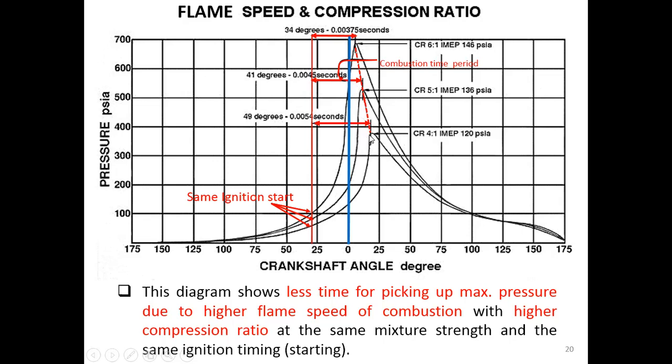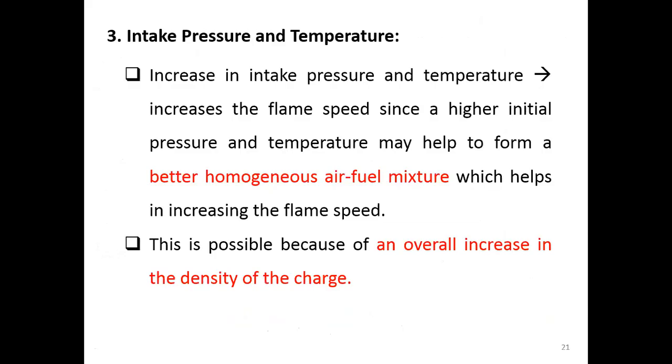So a higher compression ratio gives us the peak pressure near the top dead center. That is the effect of the second engine variable, the compression ratio.